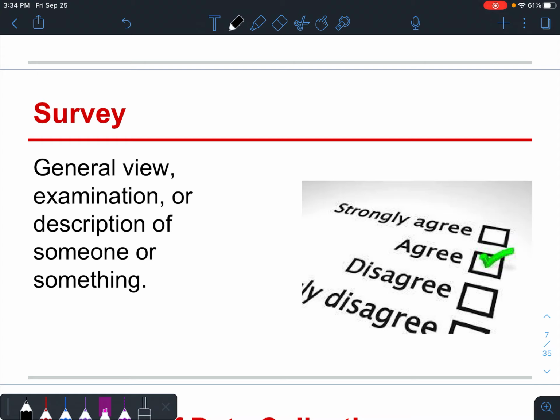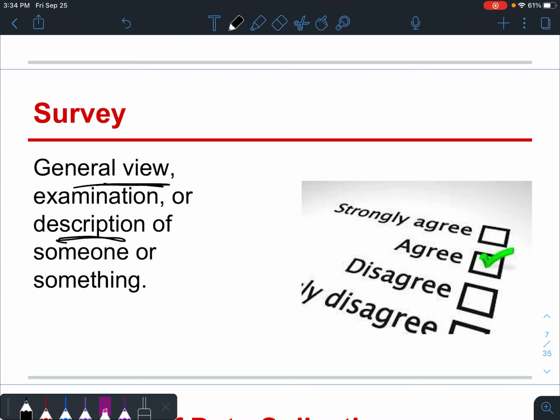They're looking for some view or examination describing what your experience was at their restaurant. I know if you go to Walmart, sometimes you get the long receipt that has the survey. You punch the numbers, you take the survey, you get something.